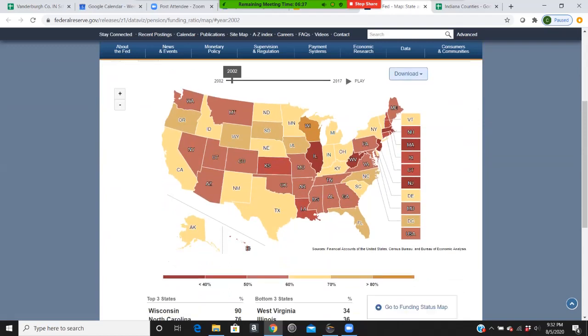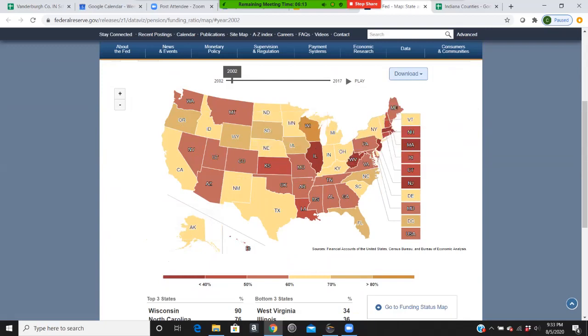What that means is they compare their assets to their liabilities. If you're looking at the colors, the red is anything less than 40%, and it goes up to the mustard yellow, which would be greater than 80%.